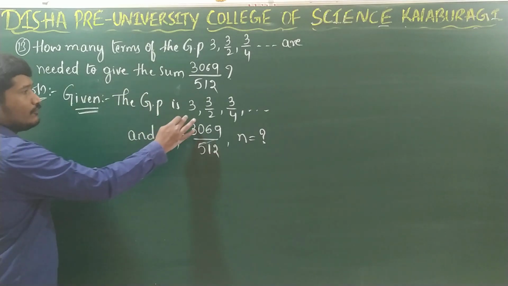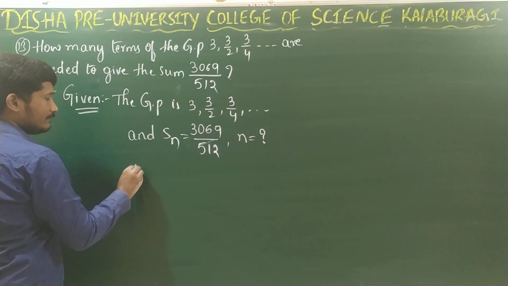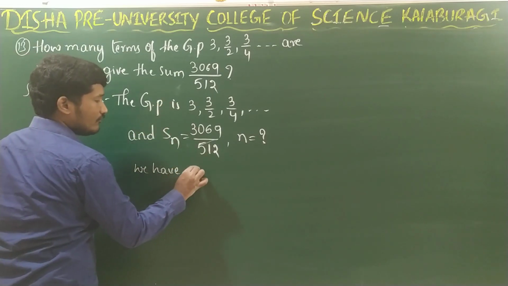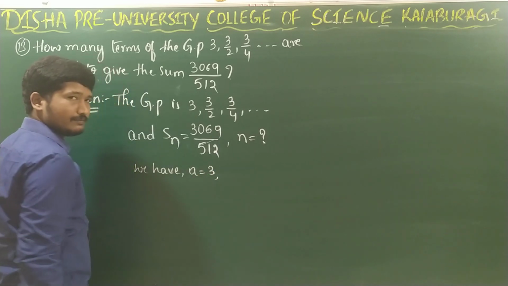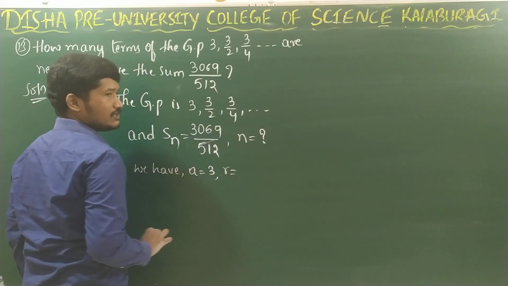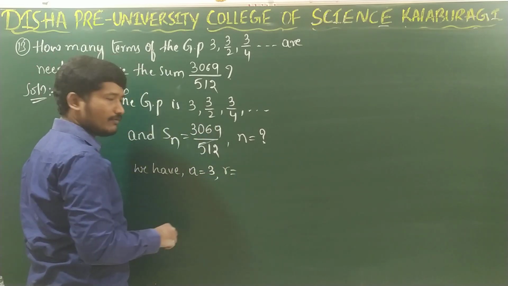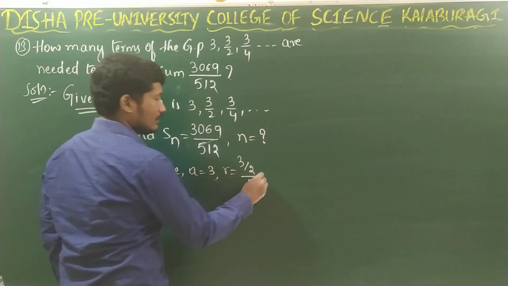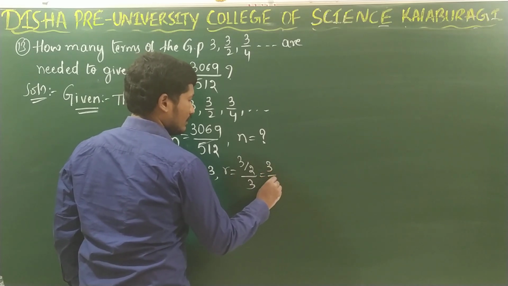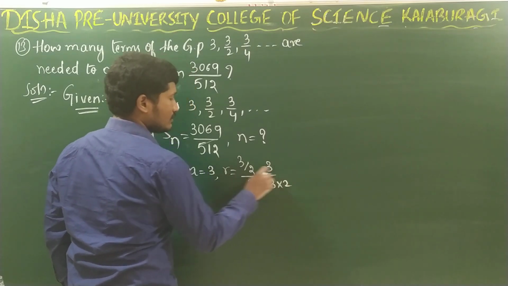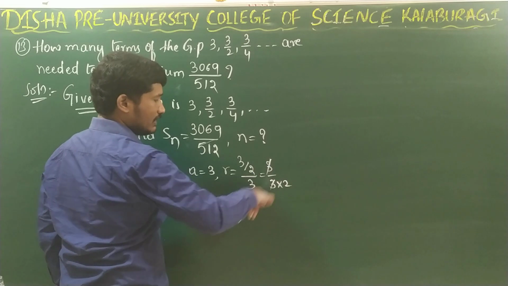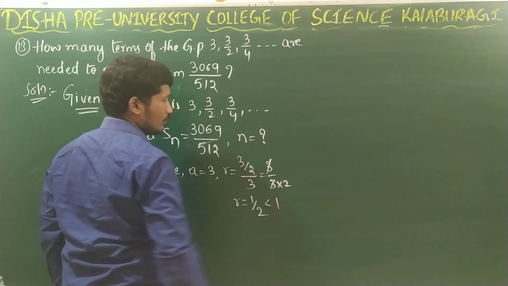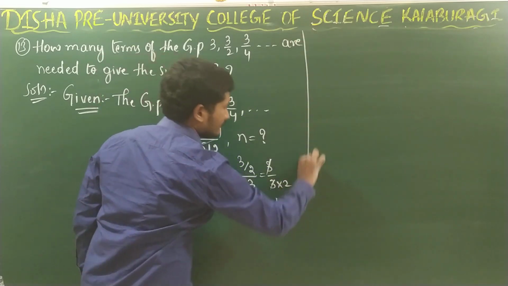See here. From the given GP, we have the first term equal to 3, right? And the common ratio is equal to A2 divided by A1. So A2 is 3 by 2 divided by A1, which is 3. This can be written as 3 by 3 into 2, because this comes to the denominator. So 3 gets canceled. So your value for R is 1 by 2, which is less than 1. Right?